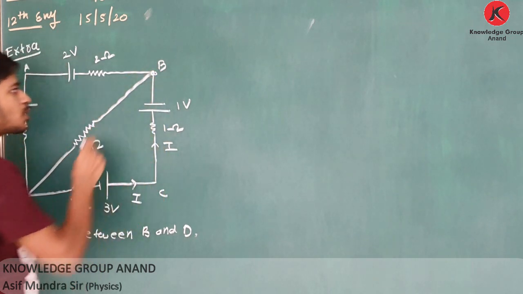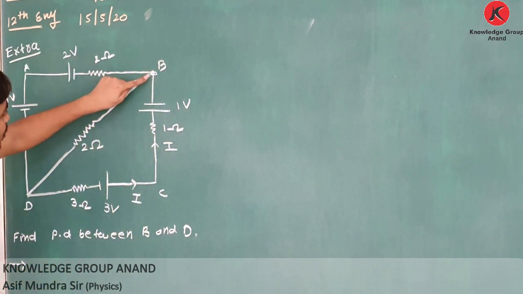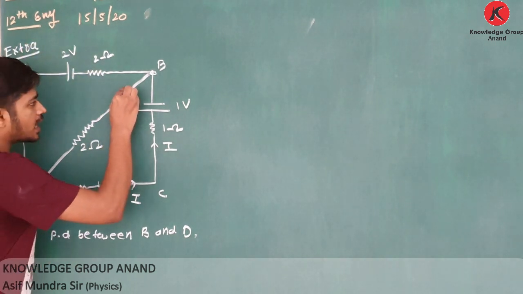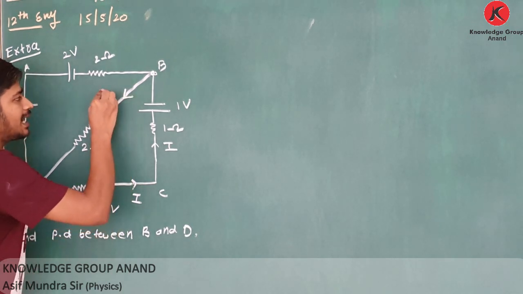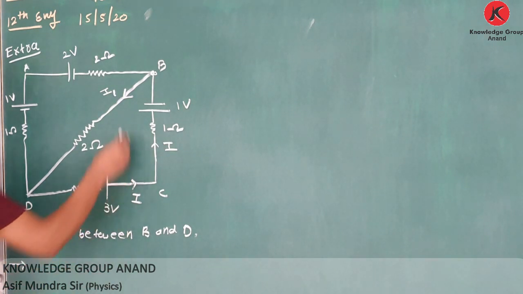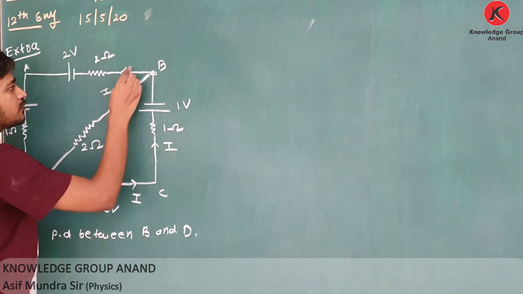Now from this point B, there are 2 branches. If I say the current flowing in this branch is I1, then according to Kirchhoff's first rule, what is the current flowing in the other branch?